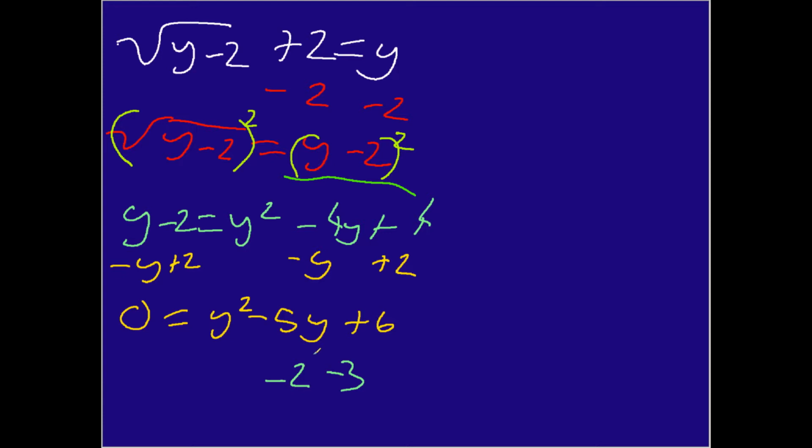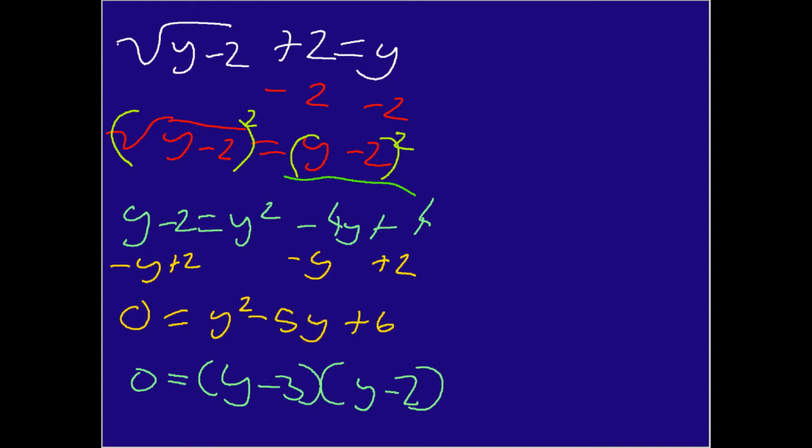Negative 2 plus negative 3 gives me negative 5, and negative 2 times negative 3 gives me positive 6. Therefore, if I factor this using the AC method, I get 0 equals y minus 3 times y minus 2. This means that y can be one of two values.